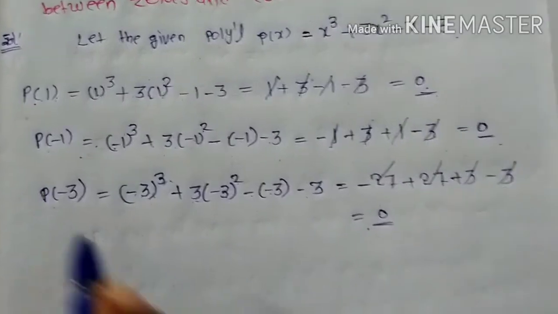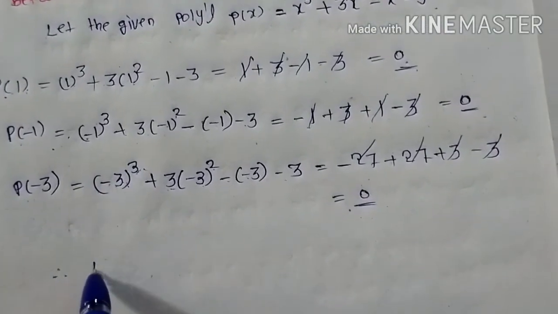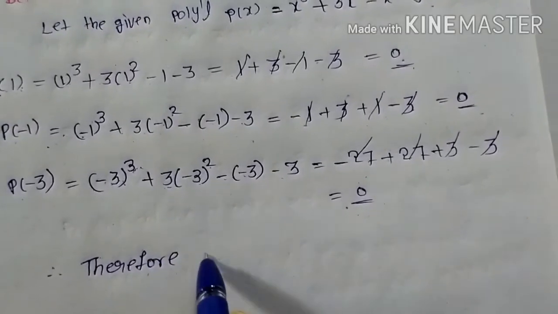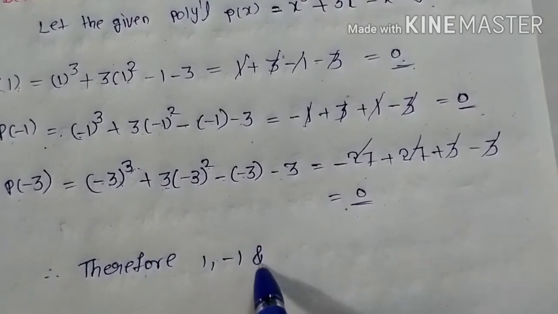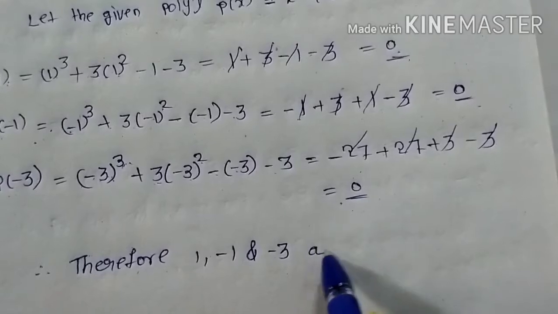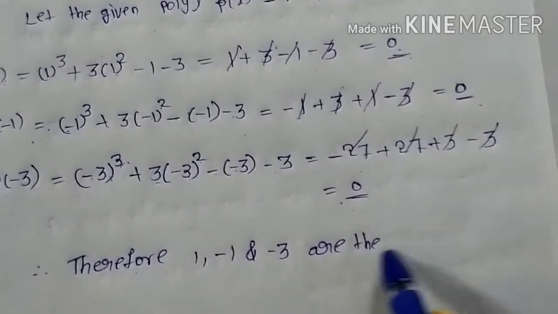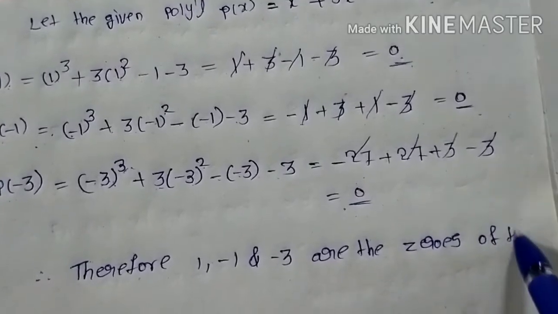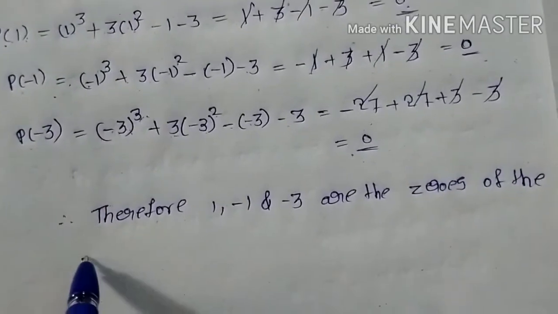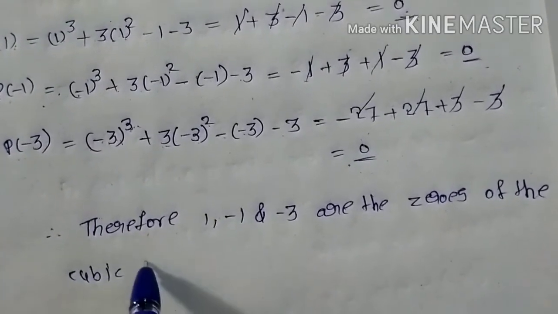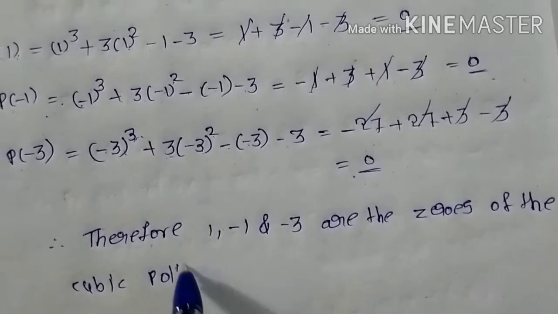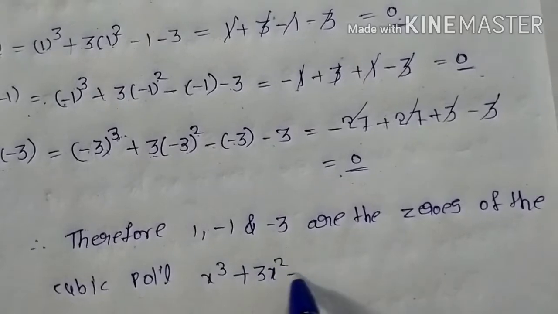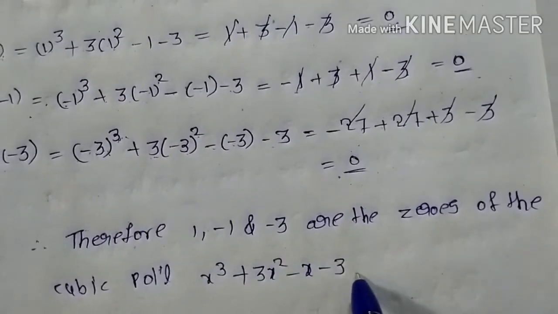That means you can say here, therefore, 1, minus 1 and minus 3 are the zeros of the cubic polynomial x cube plus 3x square minus x minus 3.